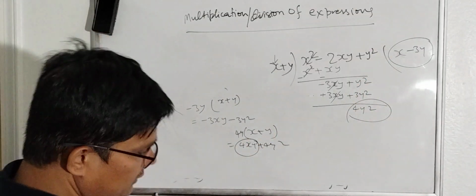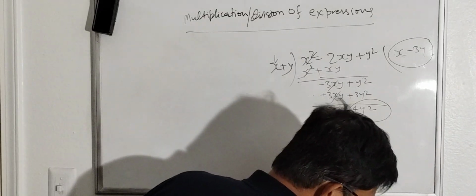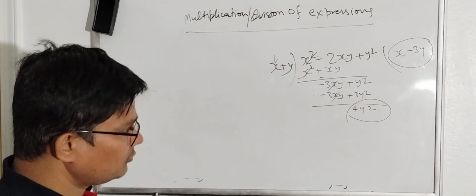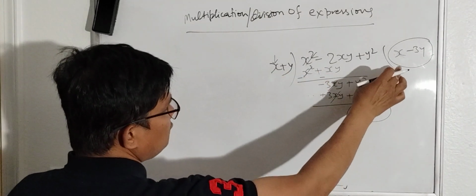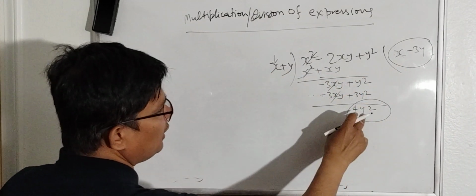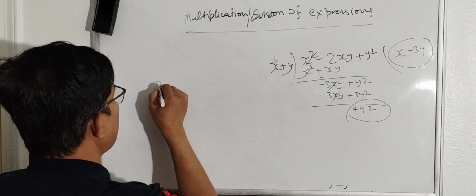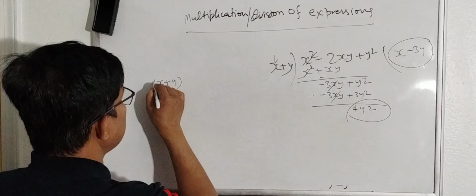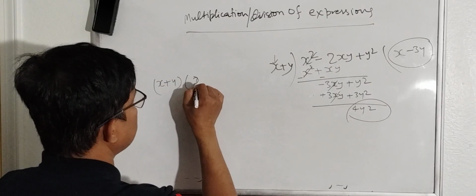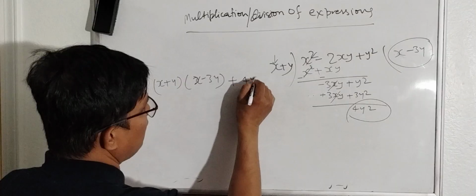Okay. Now let's check if it's the correct answer or not. To find if this is the correct answer, it's simple. This quotient times this one plus this one will give me the expression. So x plus y times x minus 3y plus 4y squared.